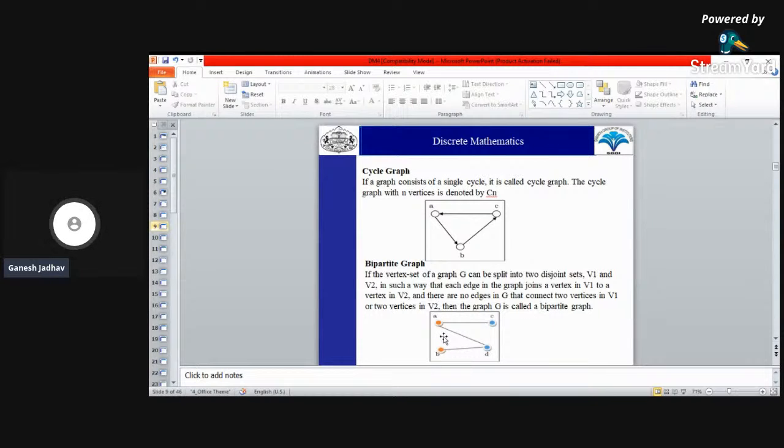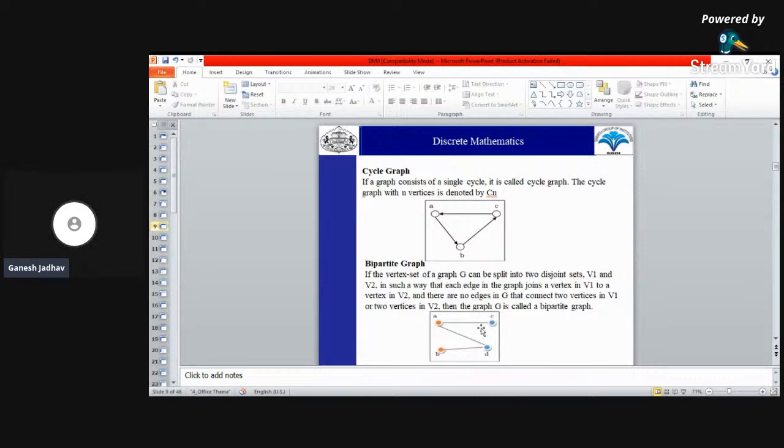So how is this a bipartite graph? Because these are two vertices, but this one does not connect to the second vertex; it connects to the third vertex and the fourth vertex. So this is the set: the two disjoint sets AB and CD.